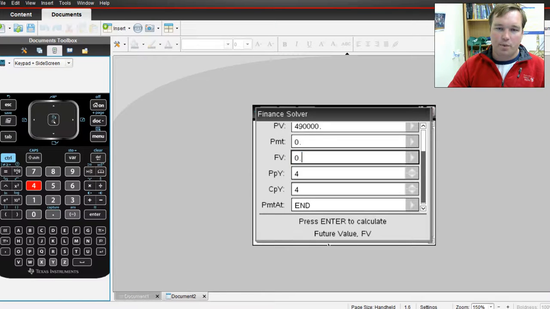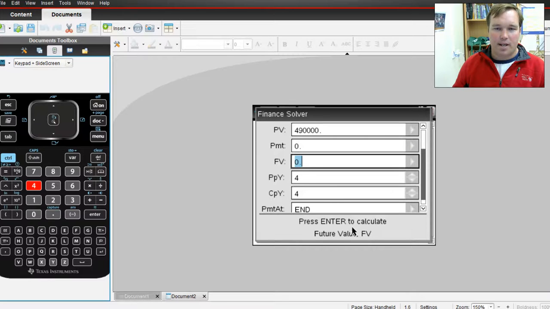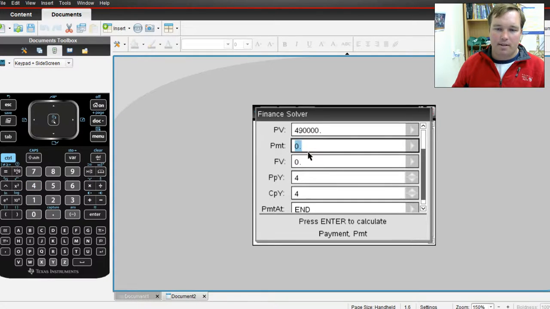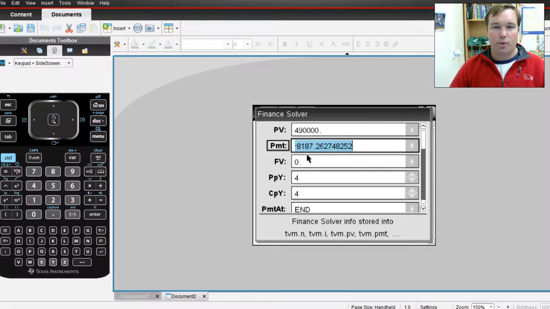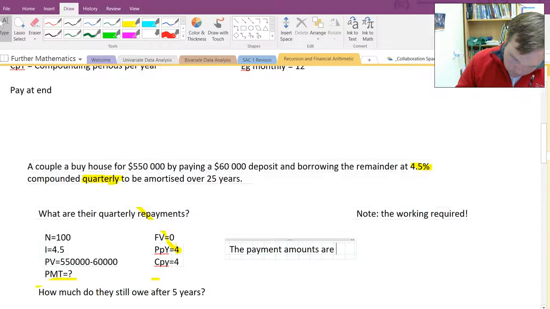Then what we do is we bring our cursor back up to FV and see how at the bottom it says press enter to calculate. We want to be on payment because we're trying to find payment. Once again, we're pressing payment to calculate. So hit enter. They will need to pay, note the negative sign there, which is good because they're paying out money. They will need to pay $8,187.26 per quarter.